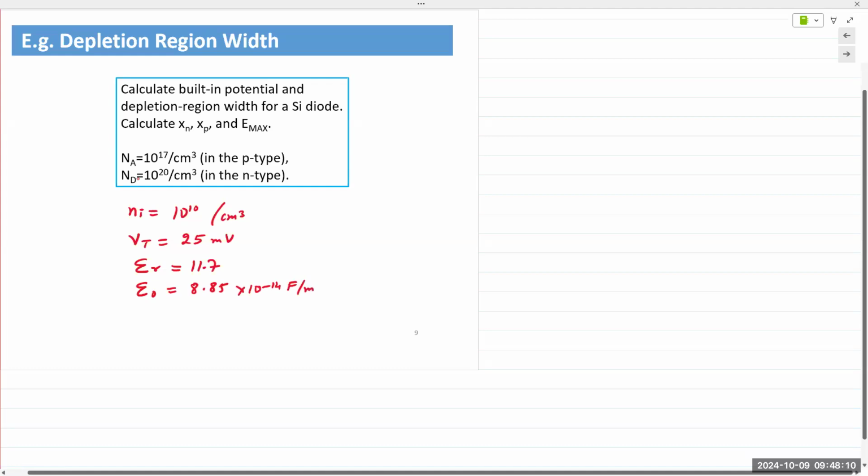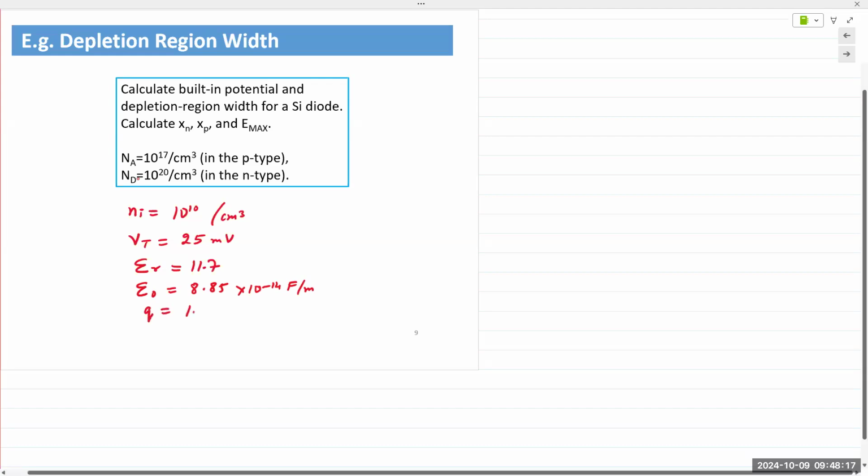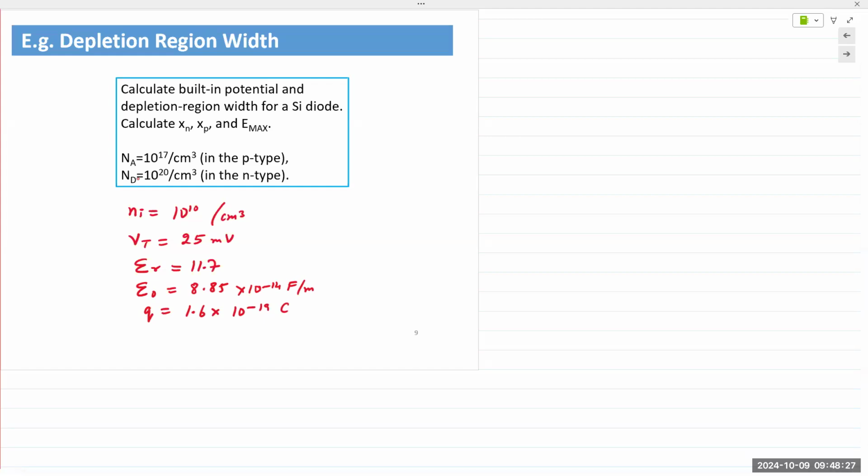Please take into account the unit prefix. Okay. Q is 1.6 into 10 raised to minus 19 coulombs. What else? NA, ND, or Ni square.